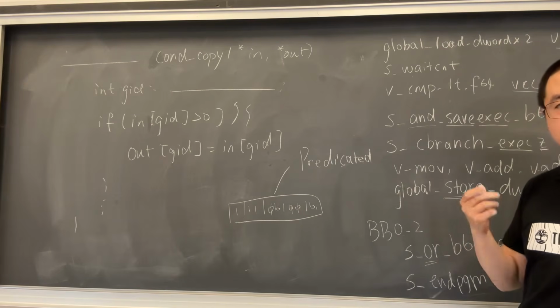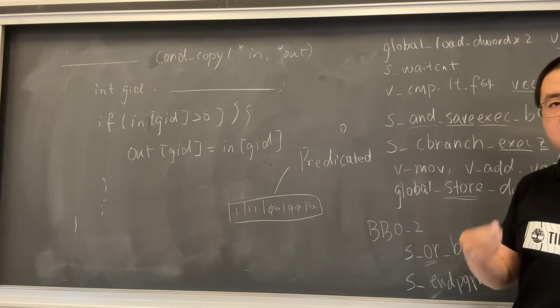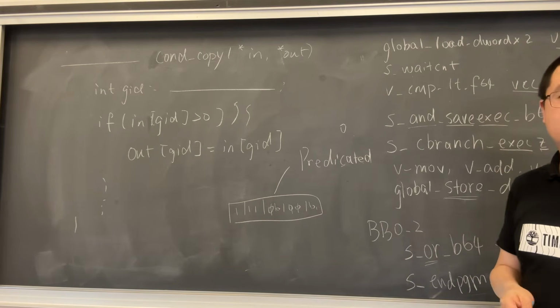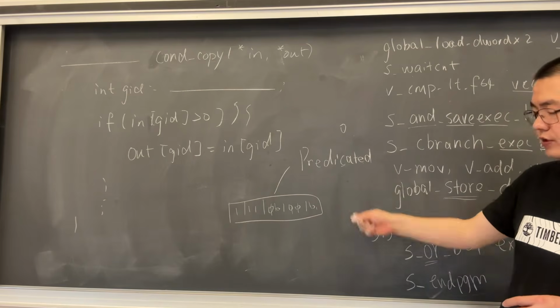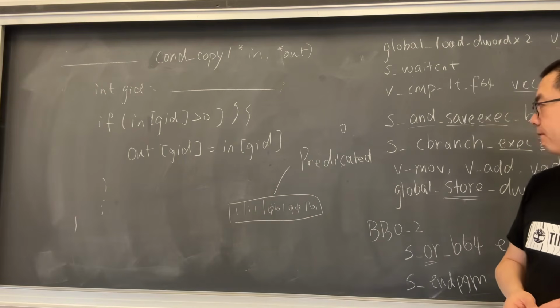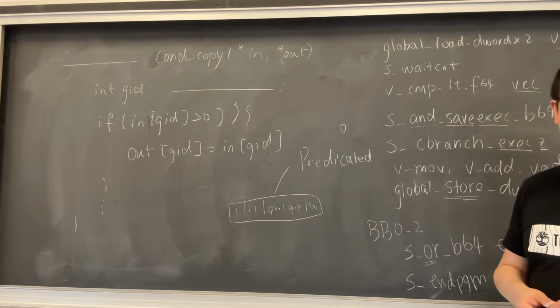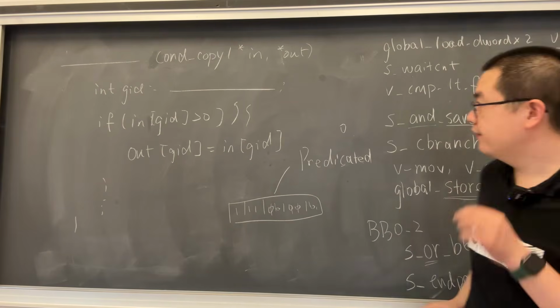Sometimes it's just for compiler simplicity. You can simply set this bit to 0, so this instruction is there, but we don't want it to take effect. This is called predicated execution. GPU uses these masks and predicated execution to handle branches.